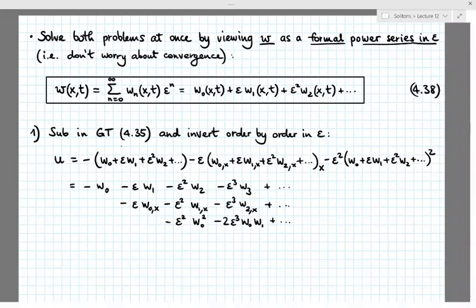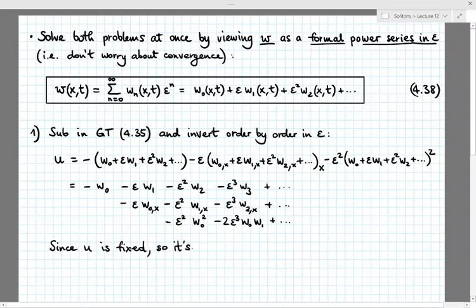The first thing to notice is that u is fixed. So since u is fixed, we'll treat it as being of order epsilon to the 0.